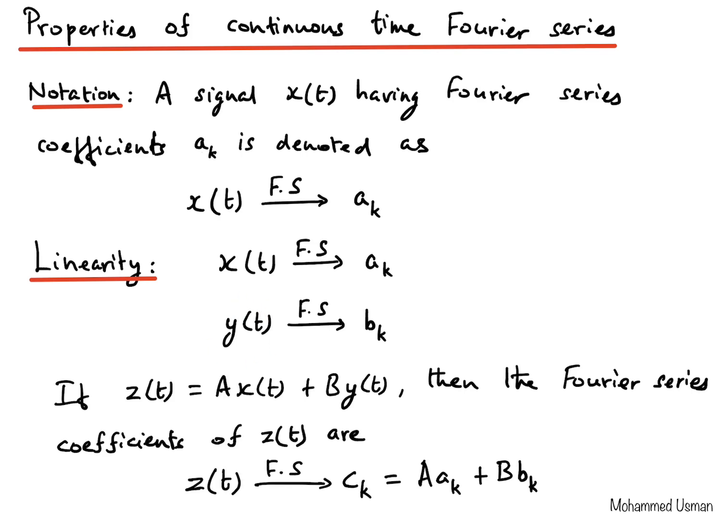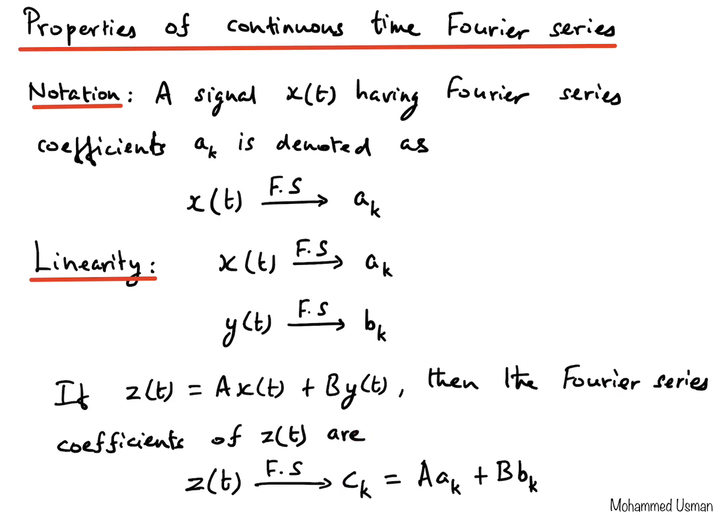Consider that there is another signal y of t whose Fourier series gives us its Fourier series coefficients, which we denote as bk. Now, if we construct a third signal z of t as a linear combination of x of t and y of t, that means x of t scaled with some constant capital A plus y of t scaled with another constant, capital B, then we can find the Fourier series coefficients of z of t.